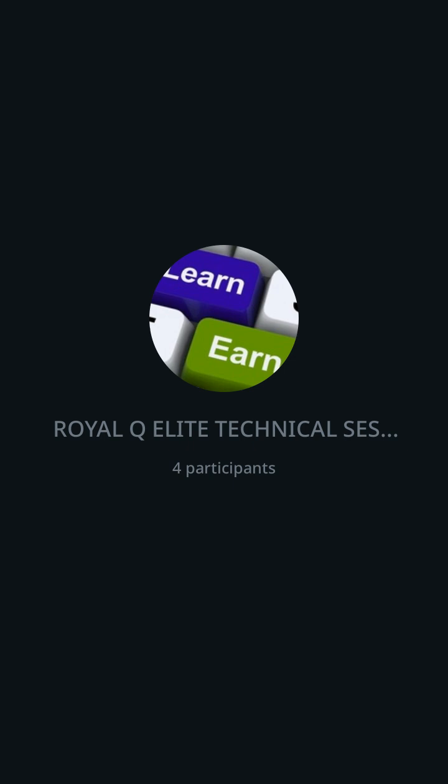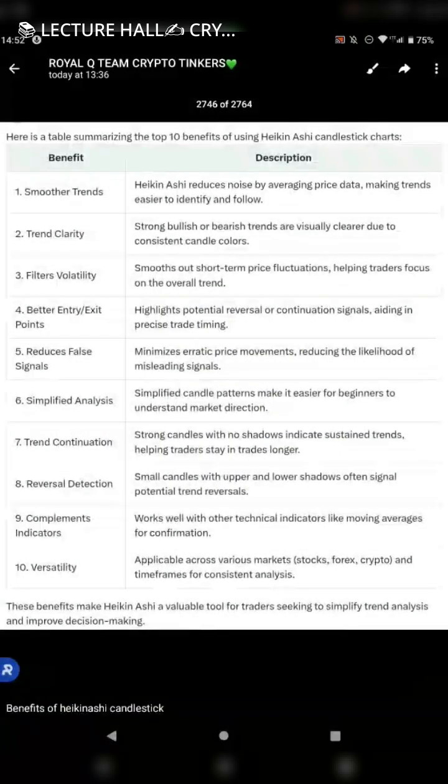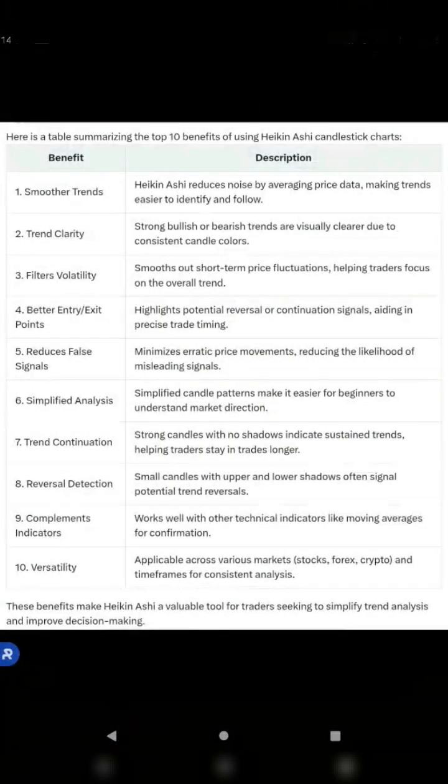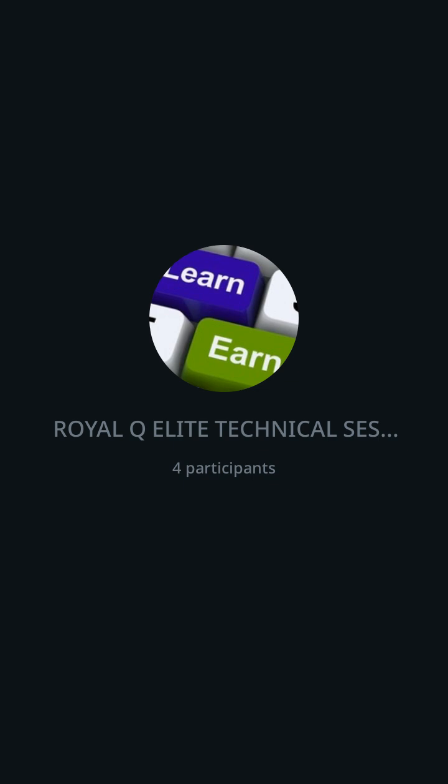The fourth benefit is better entry. Yes, this is what we want. Better entry and exit points. Wow, powerful. The description highlights potential reversal and continuation signals, aiding in precise trade timing. Powerful. Number five, it reduces false signals.